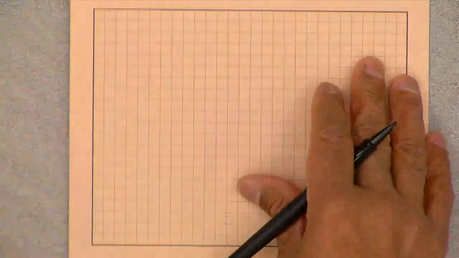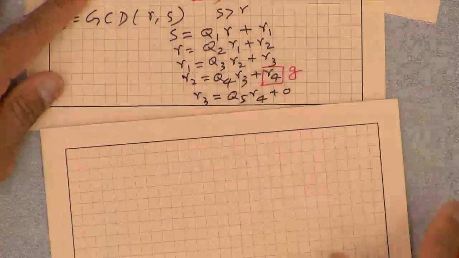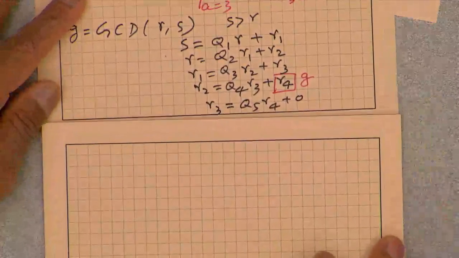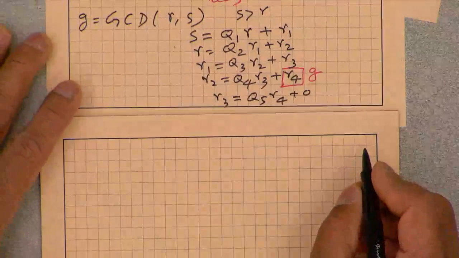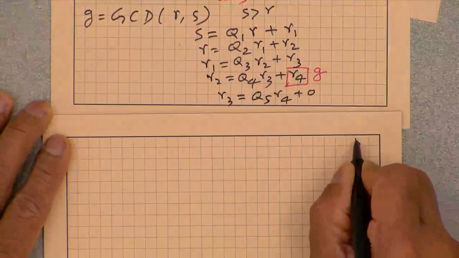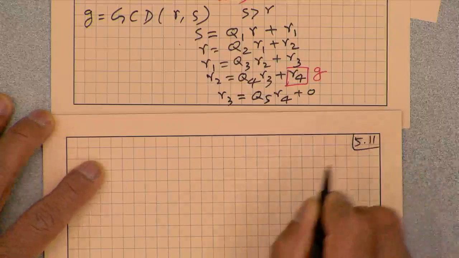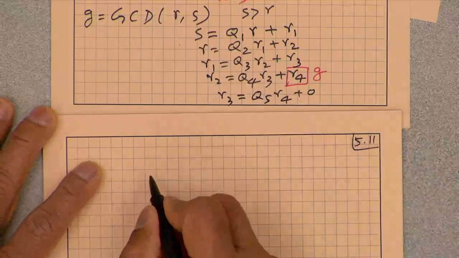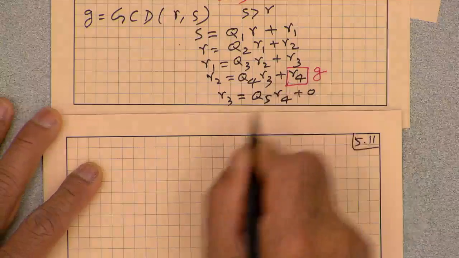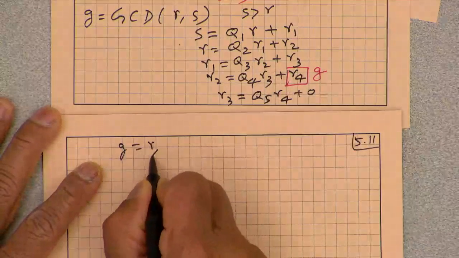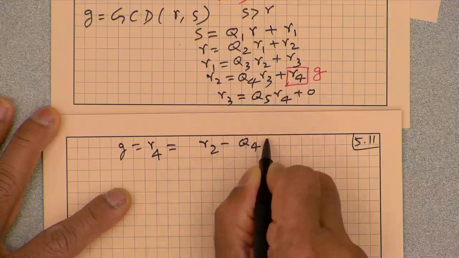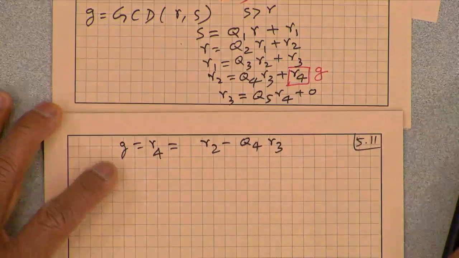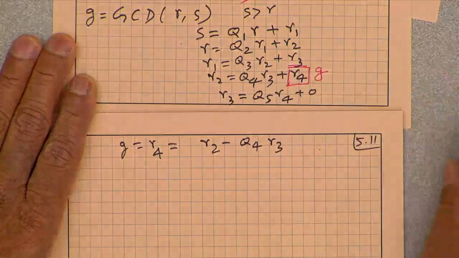I can do the same thing by substituting backwards. So I start with the last one. The R4, that's going to be R2 minus Q4 times R3. Then substitute the remainder before that.